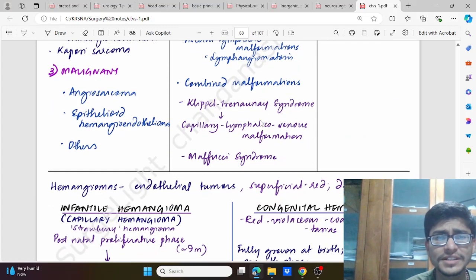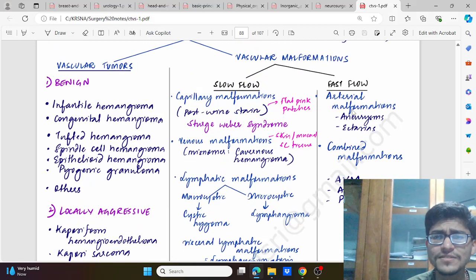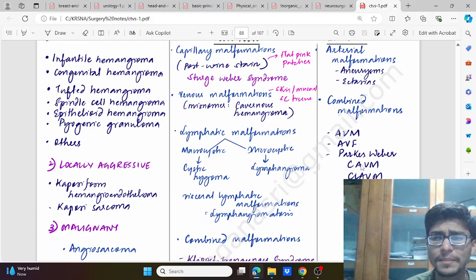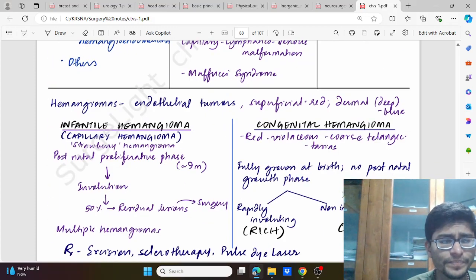Combined malformations include Klippel-Trenaunay syndrome, that is capillary lymphatico-venous malformation, and Maffucci syndrome. Fast flow could be arterial malformation, aneurysm and ectasias. Combined malformations like arteriovenous malformation, AV fistula, combined lymphatic arteriovenous malformation, are seen in Parkes Weber syndrome.